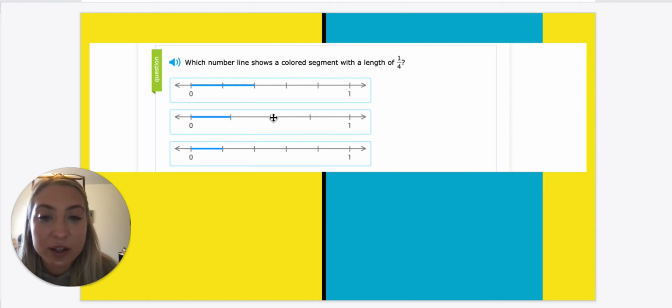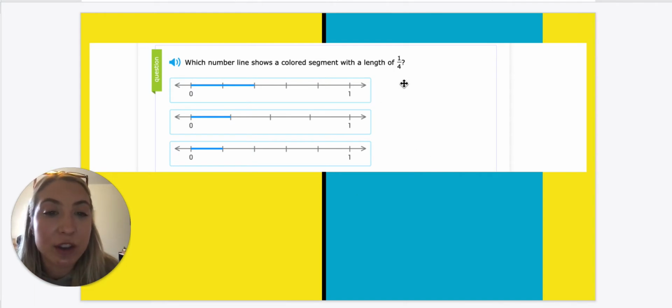1, 2, 3, 4. So this one is broken up into 4 equal parts from 0 to 1. It's broken up into fourths. Let's check the bottom one just to be sure. 1, 2, 3, 4, 5. And again, the bottom and the top are both broken up into 5 equal parts.